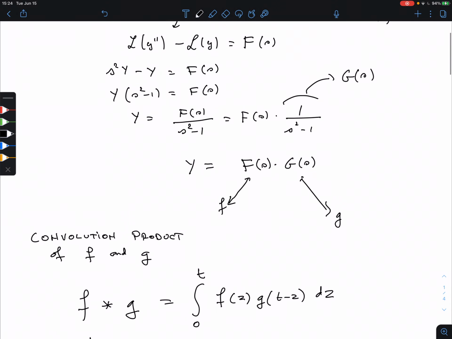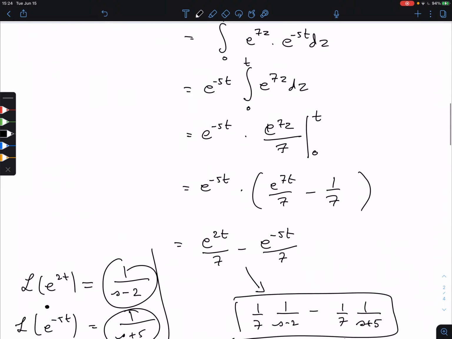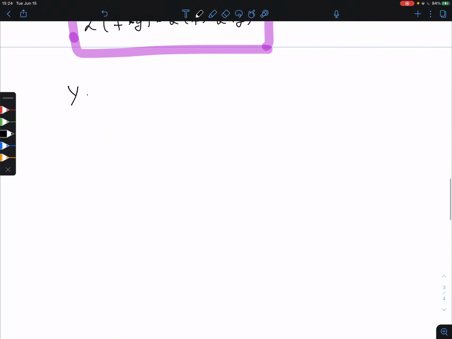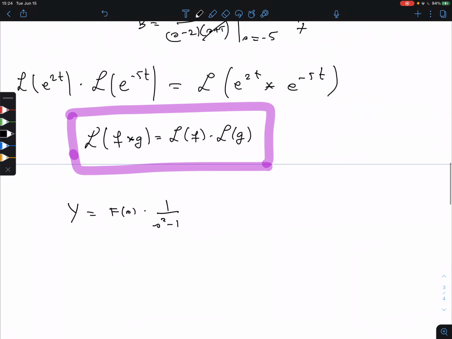Okay, so let's go back to this particular example that I had here. Where was it? Here. Let's now see how we can use this. We had Y equals F of s times 1 over s squared minus 1, and we needed to find the inverse Laplace transform. This one we know came from little f.